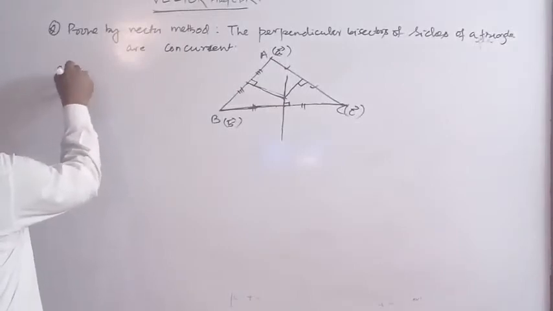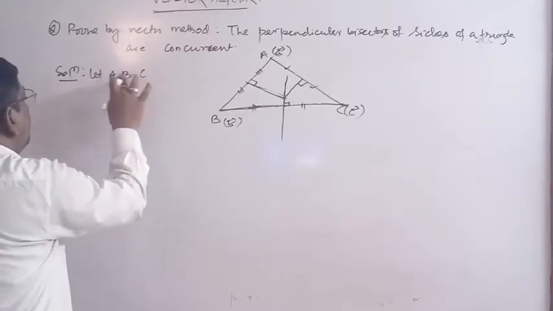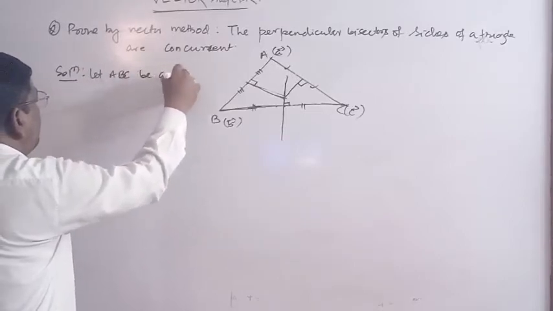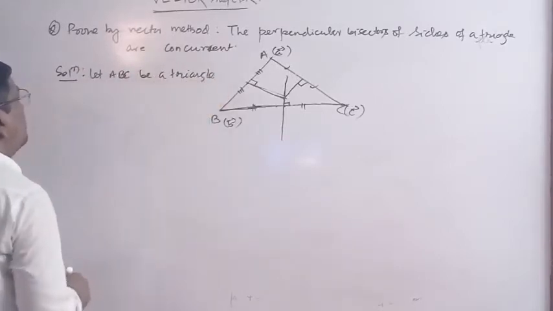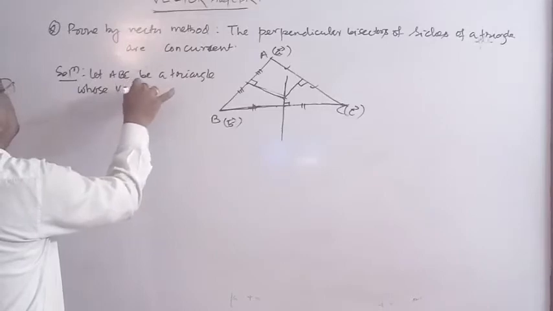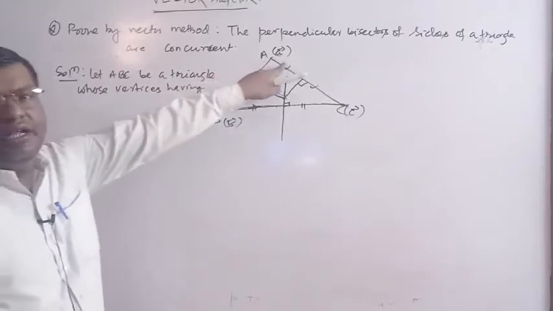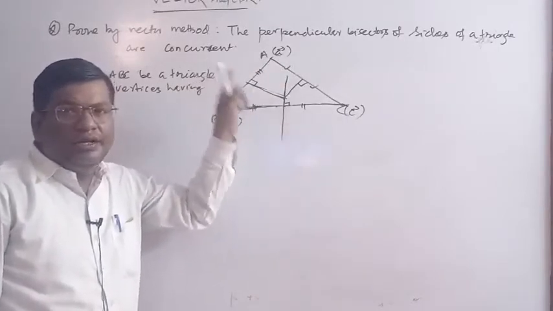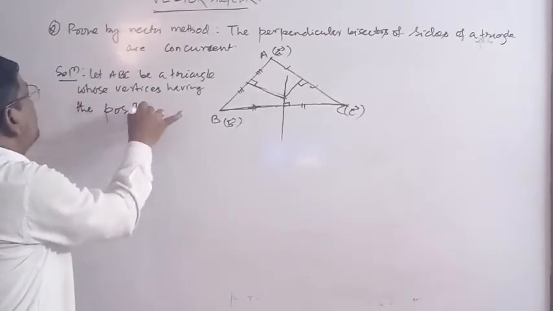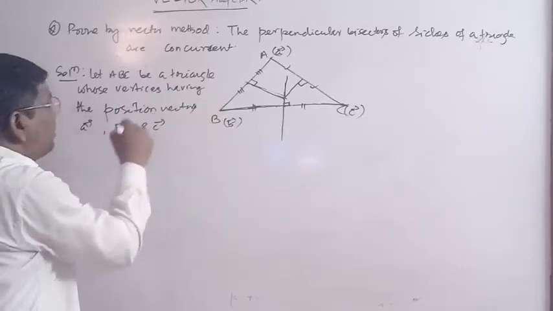So, solution: let ABC be a triangle whose vertices have the position vectors A, B and C. Clear?